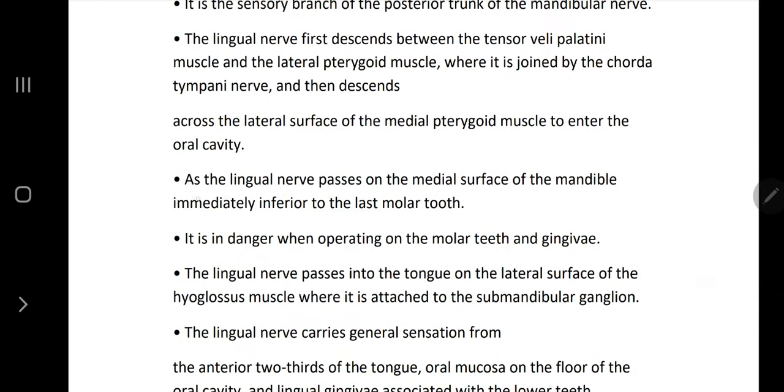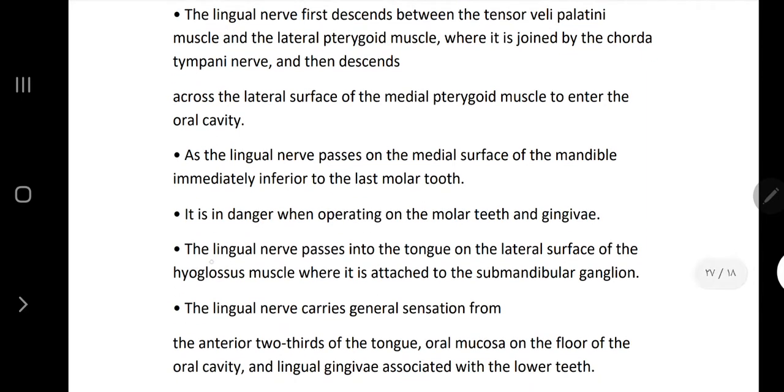As the lingual nerve passes the medial surface of the mandible, it lies immediately inferior to the last molar tooth.